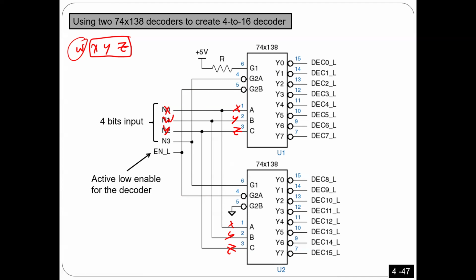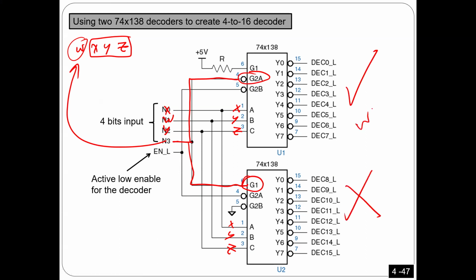So I'm going to take this one here with this one. So that when W is 0, this one is going to work and this one is not going to work. When W is equal to 0.